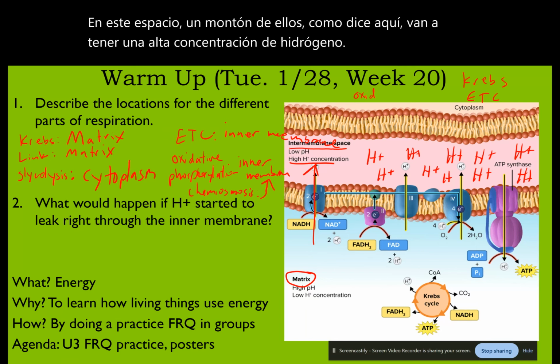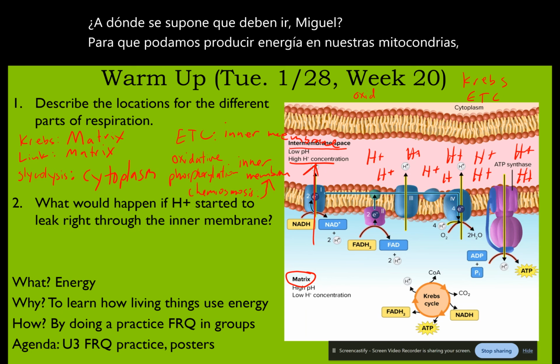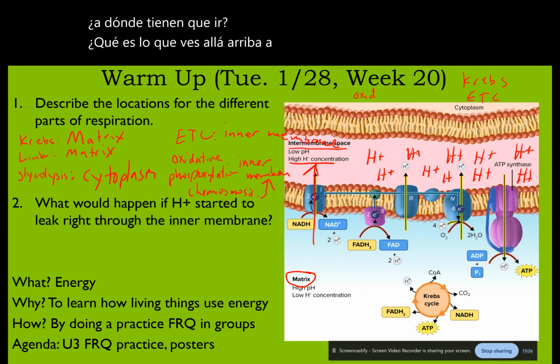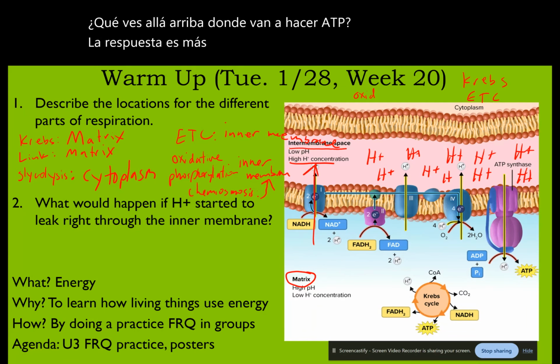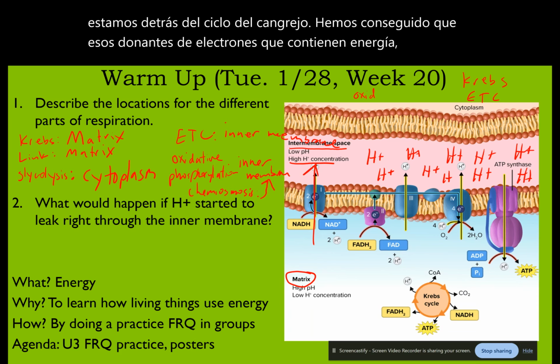Where are they supposed to go, Miguel? For us to make energy in our mitochondria, where do they need to go? What do you see over there? Where do they go to make ATP? The answer is easier than it may seem. What's that? Well, we're already after the Krebs cycle. We've gotten those energy-containing electron donors, NADH and FADH2.